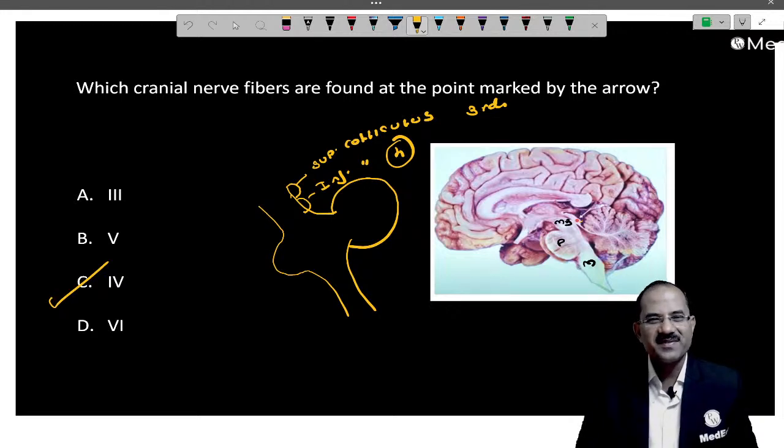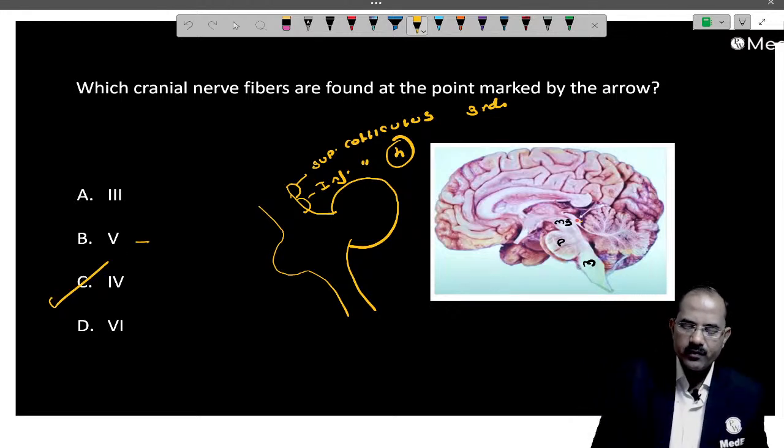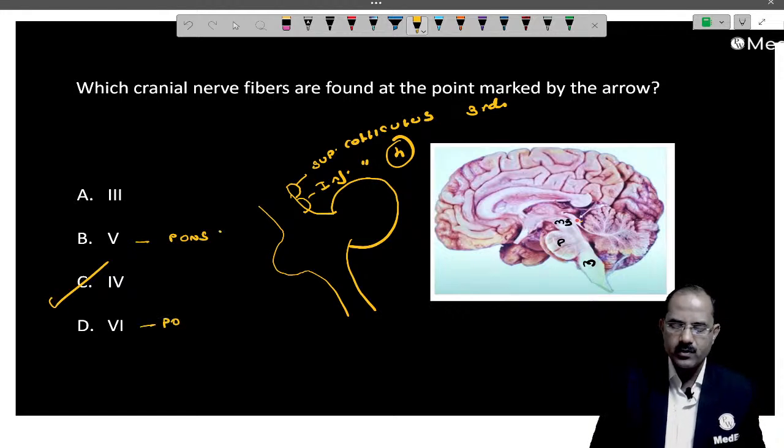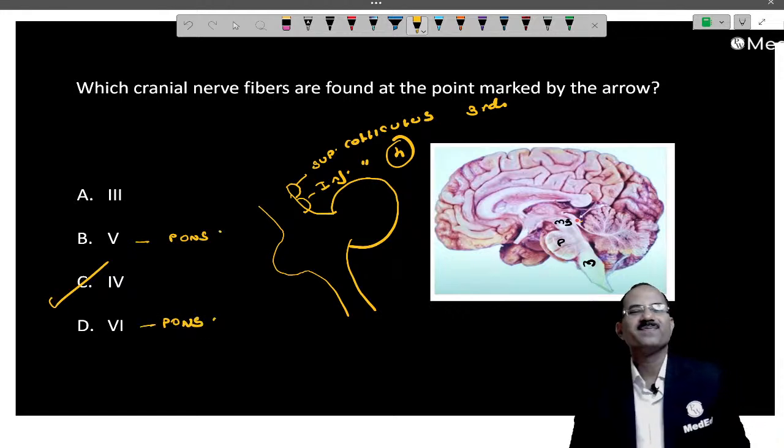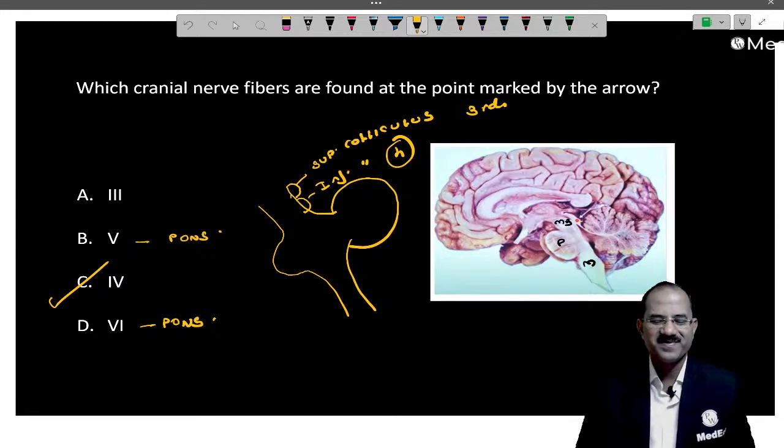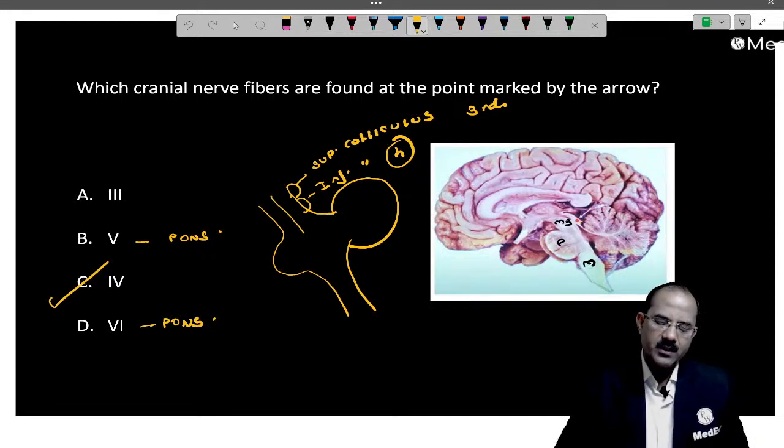I hope this is clear. So where is the nucleus of fifth nerve located? In the pons. The nucleus of sixth nerve is also located in the pons. Clear? Third and fourth nerve nucleus are located in the midbrain. And what is this cavity in the midbrain? Can anyone tell me?